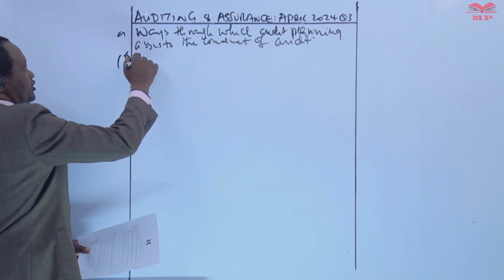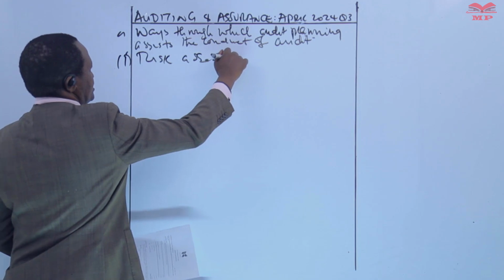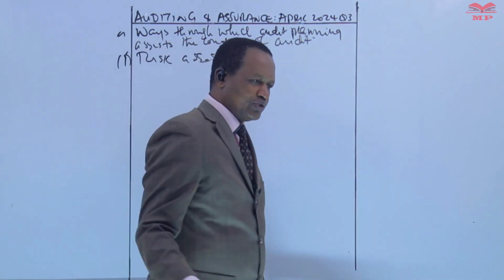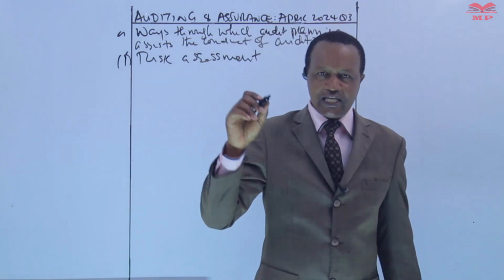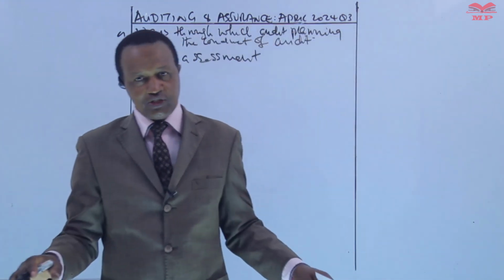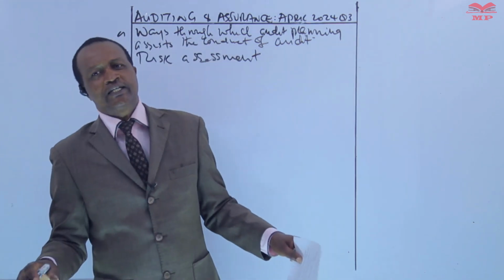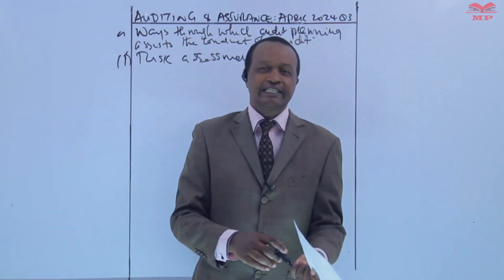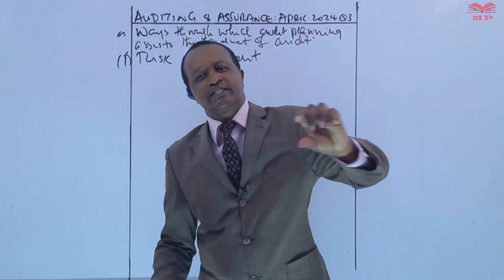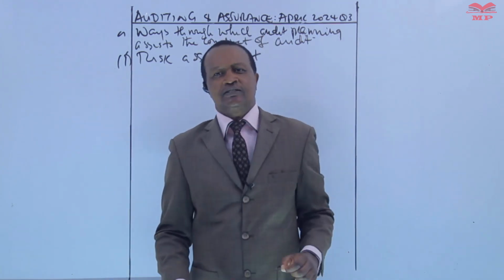Okay, risk assessment before an audit is conducted. That is a key procedure that has to be carried out at the planning stage. It is through planning that the auditor can identify and assess the risks of material misstatements in the financial statements.